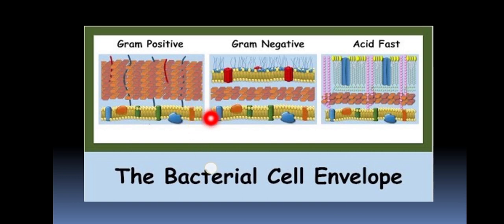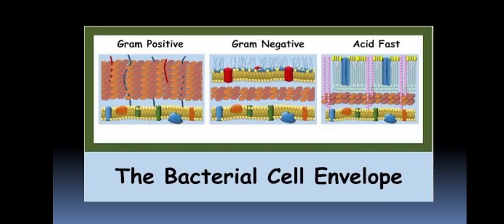Whereas in gram-negative bacteria, a cell membrane is there and the cell wall is thin, consisting of a thin layer of peptidoglycan, and an outer membrane is there next to the cell wall. Whereas in acid-fast bacteria, a cell membrane is there and a thin layer of cell wall is there, and next to the thin layer of cell wall, a lipid membrane is there, constituted of different waxes, mycolic acid and other glycolipids.